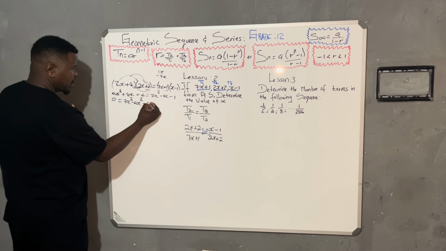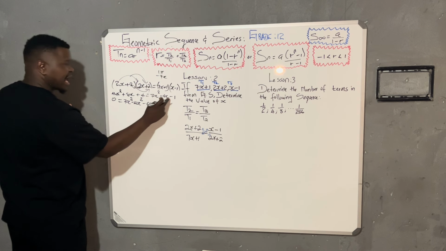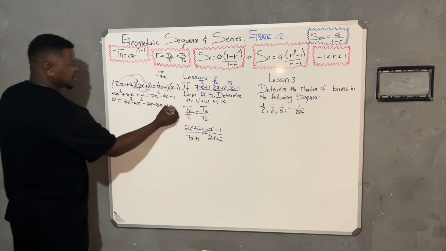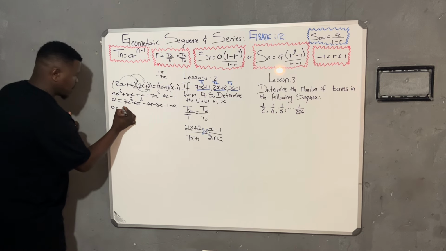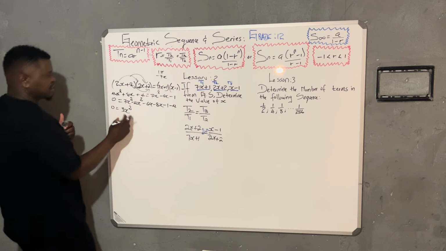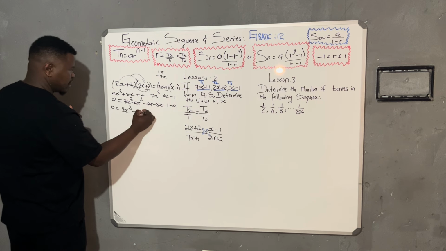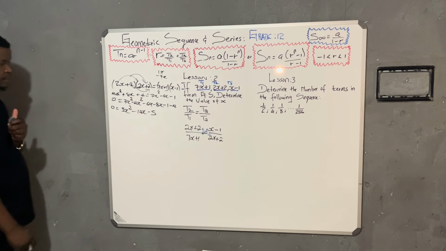Then I have this -6x, which is going to subtract 8x. I have this -1, then joined by 4, which was positive, now negative. So 7 minus 4, that is a 3x squared. And then these together give me 14x. And then these together give me 5.